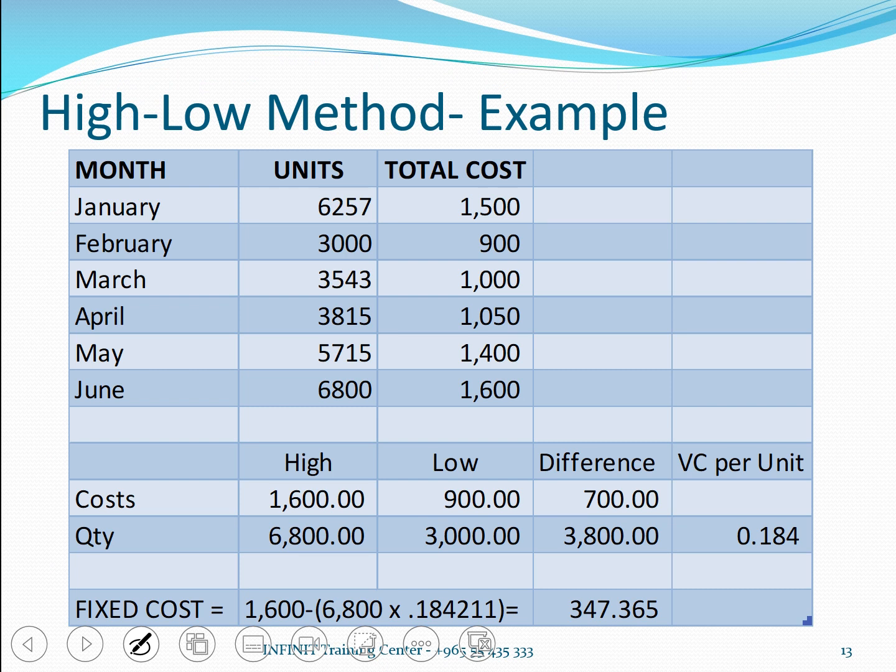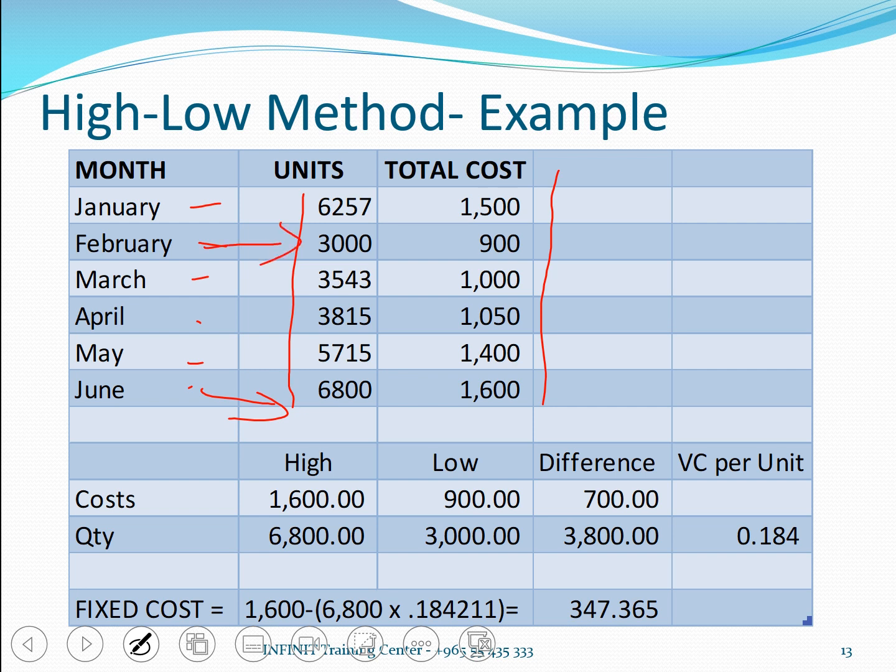We can see this example, high-low method. We have here different production, Jan, Feb, March, April, May, June. And these are the units produced and these are the total cost. So why do we call it high-low method? We will take the highest quantity, which is 6,800, and lowest quantity, which is 3,000.